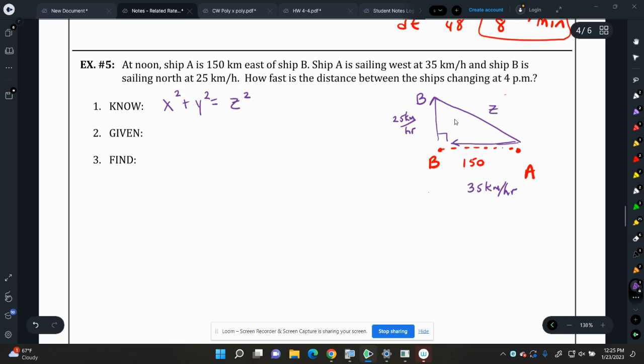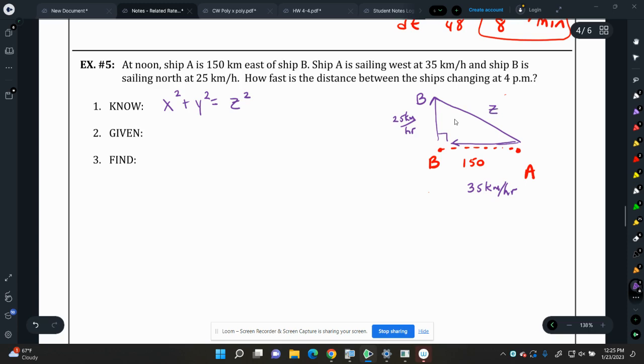So r is in inches, so it's inches squared times dH/dt, which is inches per second, plus 2 pi r is inches, h is inches, and dr/dt is inches per second.